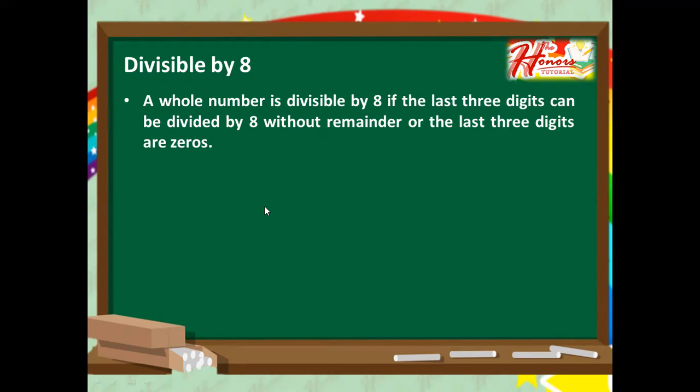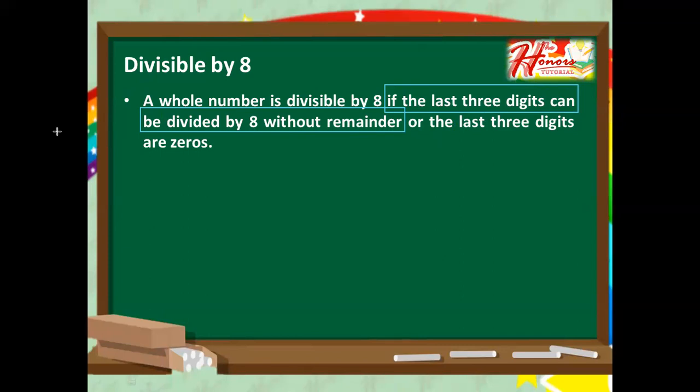It is very similar to the divisibility rule for number 4. We also have here two conditions to follow. The first condition is that the last three digits can be divided by 8 without remainder, so we have to focus on the last three digits of the given number.